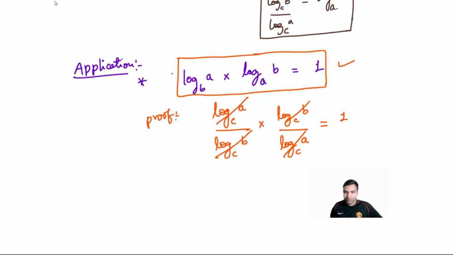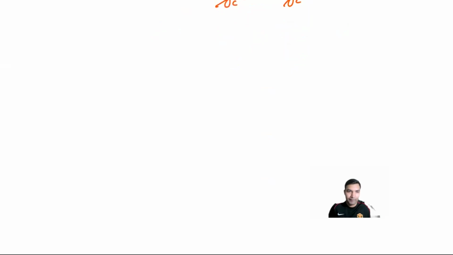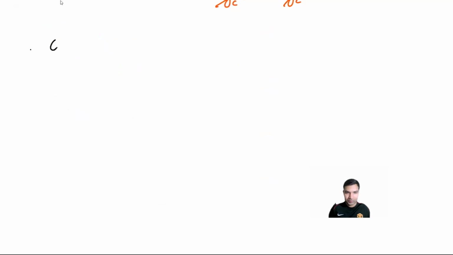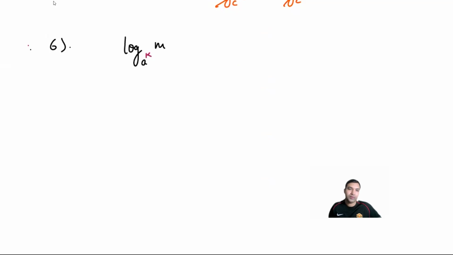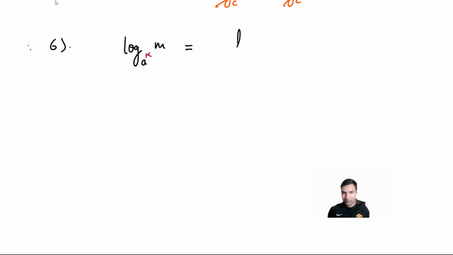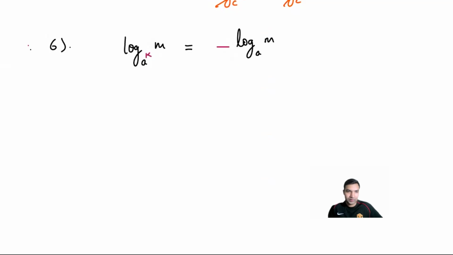Getting this? Perfect. Now let's talk about the sixth property. The sixth property goes this way. If I have log of m to some base a, where the base is to the power k, I can write this as log of m to the base a with the power k coming in front.